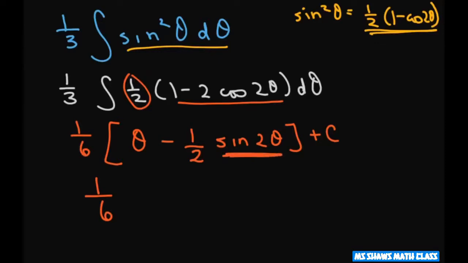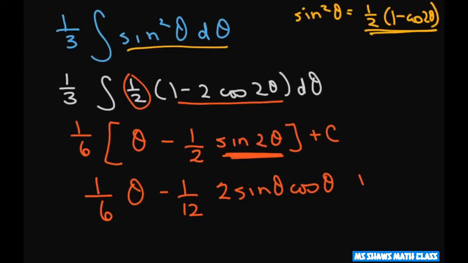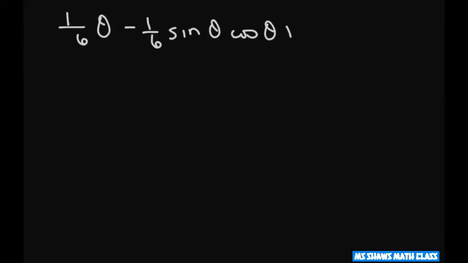This is going to be 1/6 theta minus 1/12 times sine of 2 theta, and sine of 2 theta is 2 sine theta cosine theta, and then we still have plus c. When you take care of that, you get 1/6 theta minus 1/6 sine theta cosine theta plus c.